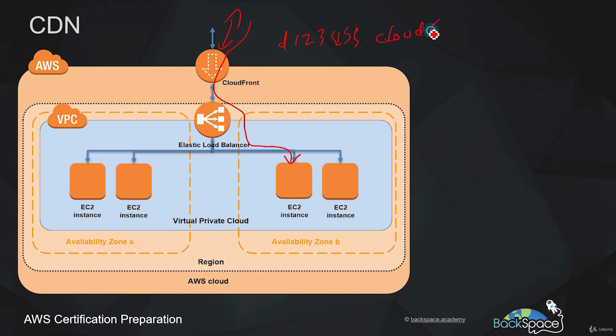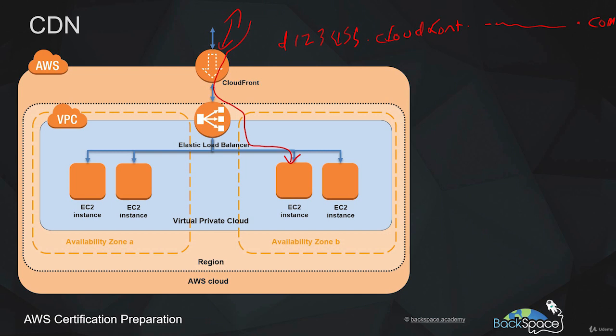The problem with that is that the DNS name for that CloudFront distribution will be something very complicated and just won't mean anything to our end user at all. So we would prefer to have our end user type in a domain name and have the requests for that domain name forwarded to that CloudFront service.